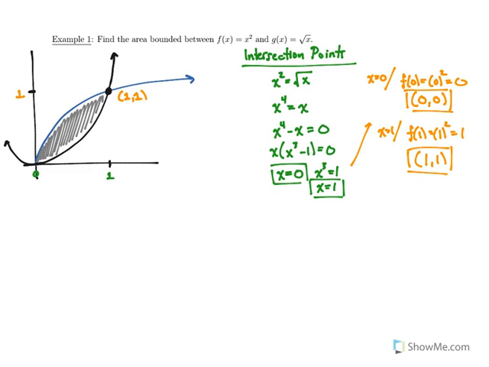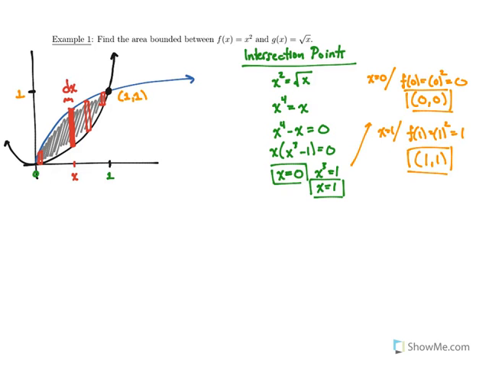Now what we're going to do is think about this with rectangles. If I want to find this area, I could estimate it with a bunch of itty-bitty rectangles. I'll draw a few of those rectangles right here just to get an idea. We're just going to look at one of these for some x value in between 0 and 1. This is not the x value 1/2. This is just some x value in between 0 and 1. And we can think about what the width of that rectangle is.